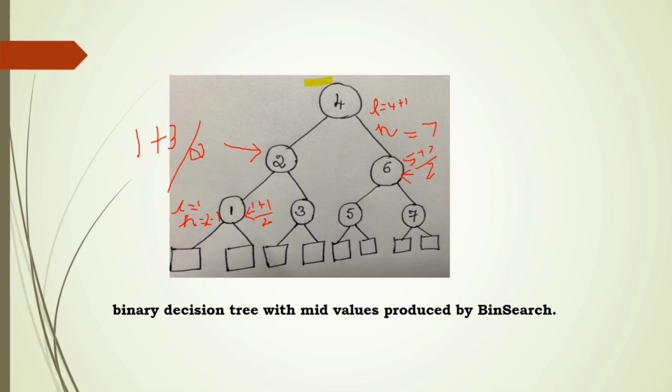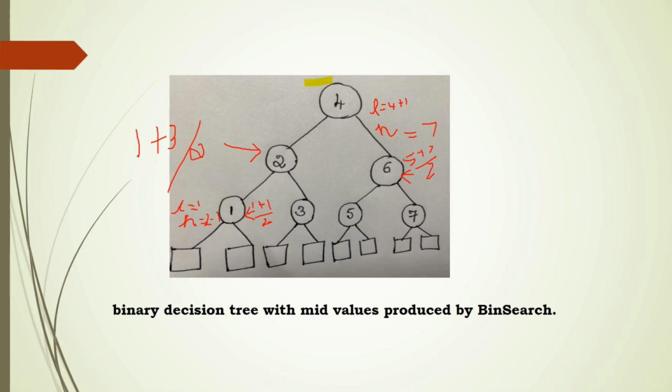For the right child, low value is nothing but mid plus 1. What is mid? 4 plus 1, and high value is still 7. So 4 plus 1 is 5. 5 plus 7 is 12. So 5 plus 7 divided by 2, that is 12 divided by 2, that is 6.